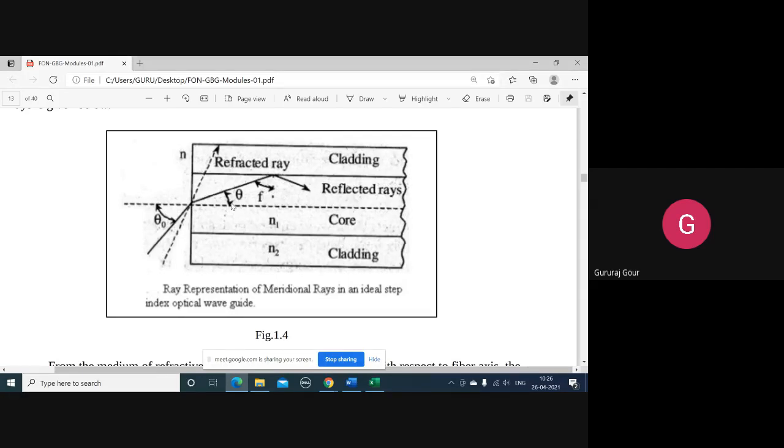For example, say the cross sectional area of the core is 1.5 centimeter square. The whole 1.5 square centimeter area of this core is not receiving all the light. Out of 1.5 square centimeter, maybe 0.8 square centimeter is going to receive the maximum light effectively. That is called aperture.